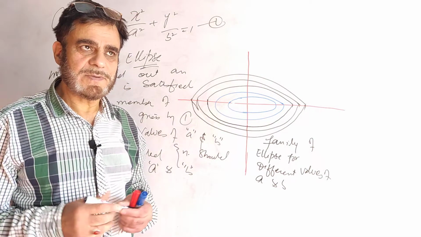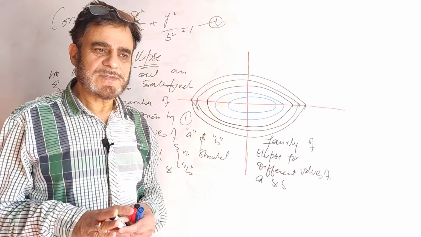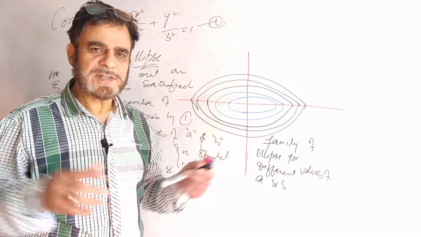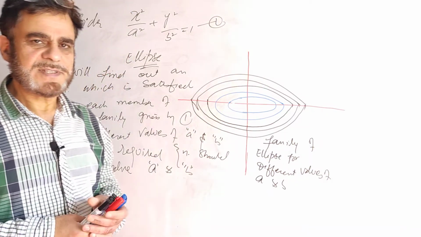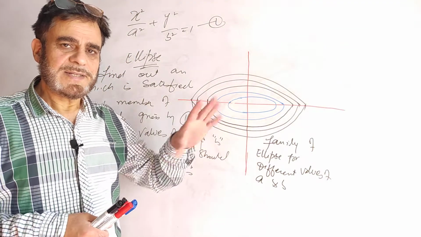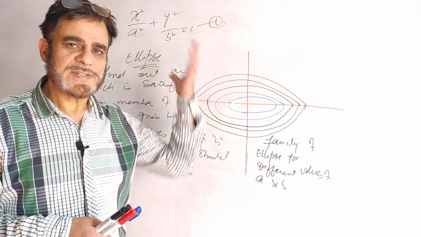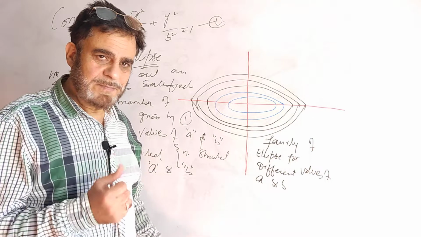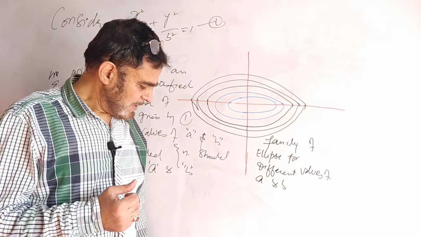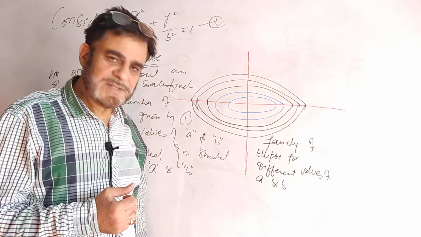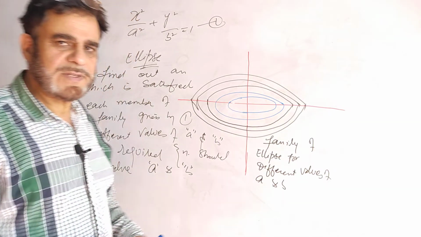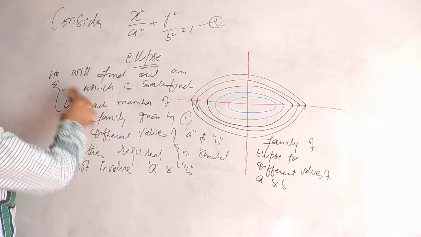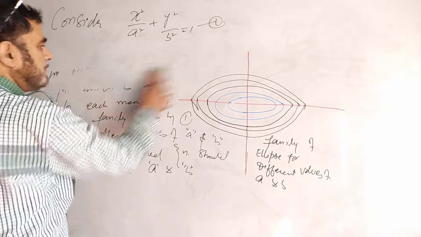So in other words, we will differentiate this and eliminate a and b. The equation we get is satisfied by each member, and it will be called the differential equation. This is not yet the definition, just how we make it and the utility and beauty of the differential equation. Later on we will give the definition, order and so on. You see how I proceed.